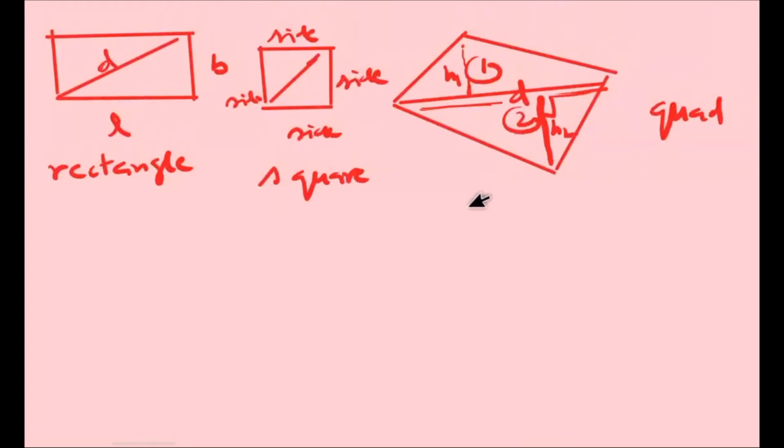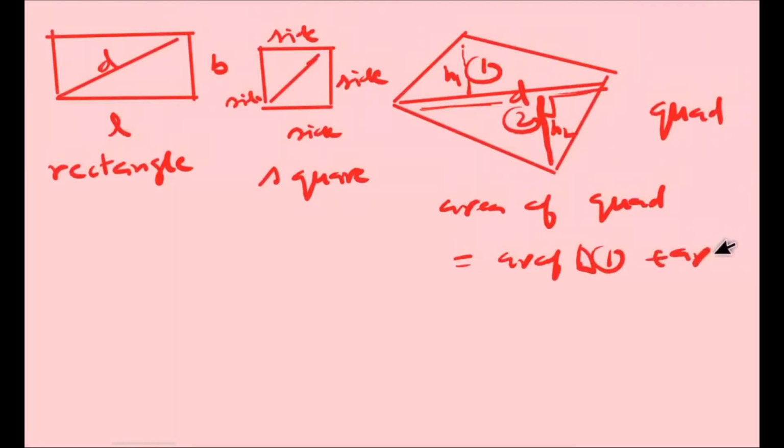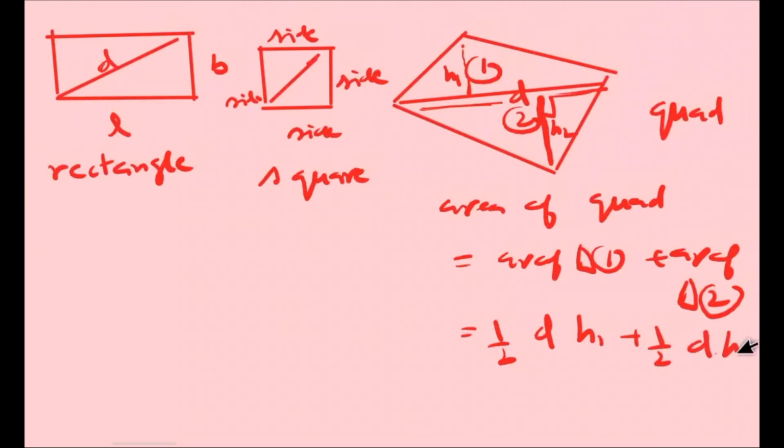Okay, now area of quad may be written as area of triangle 1 plus area of triangle 2, right? Now half into base d into height h1 plus half into base d into height h2, taking out the common half d as a factor, you know this value, h1 plus h2.